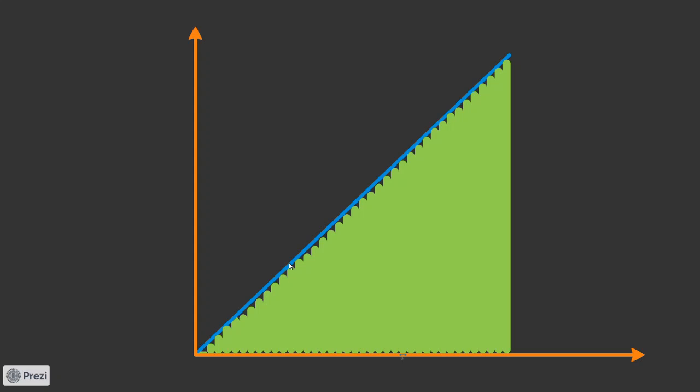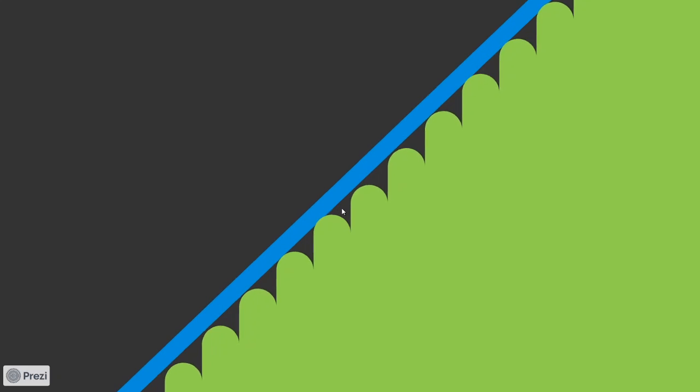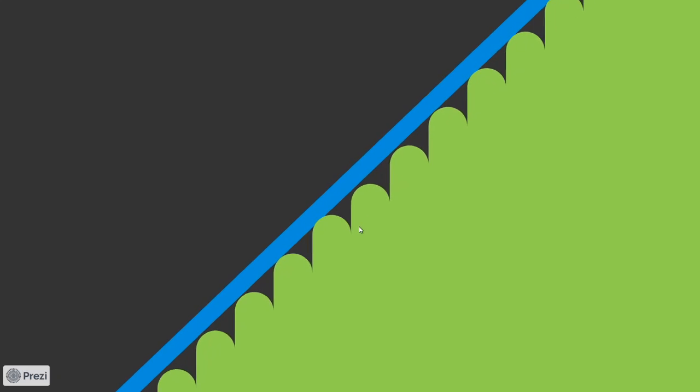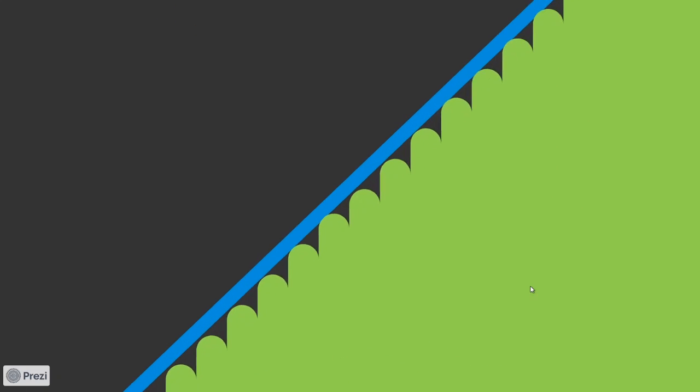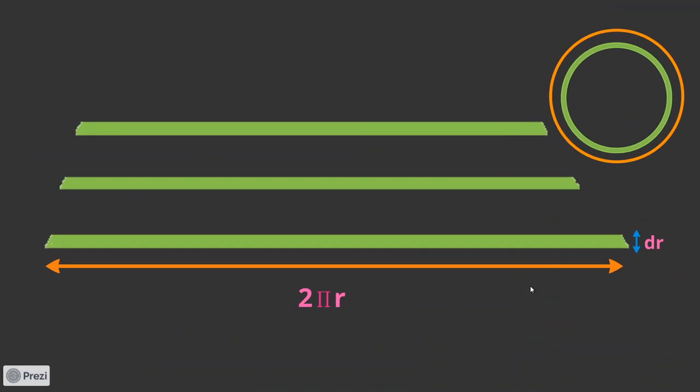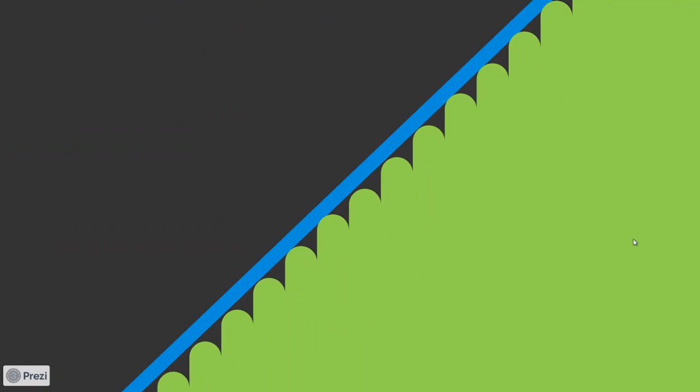Now, but you would say, sir, there is an issue. There is this space here, so it is not properly a triangle. And I would say, yes, you are right. But suppose I could make this dr more and more smaller. I told you that I would get more and more smaller lines. So I could get lines like this.